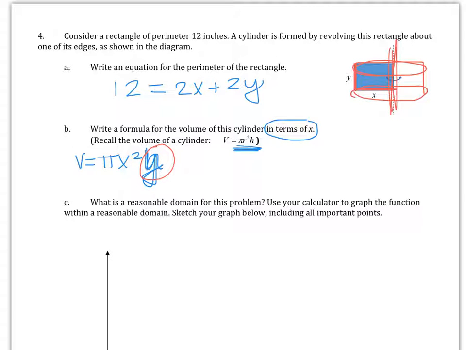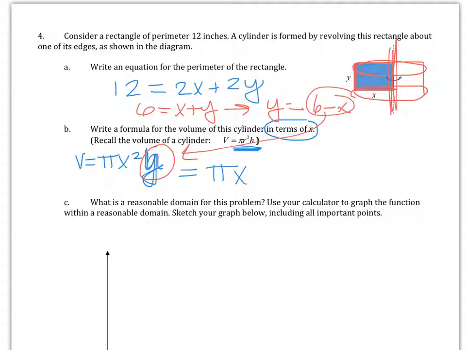And if we look back at our perimeter equation, we could easily substitute, right? So 6 equals x plus y, so y is equal to 6 minus x. I could take this and substitute it in here. So my volume equation instead becomes pi x squared times 6 minus x.